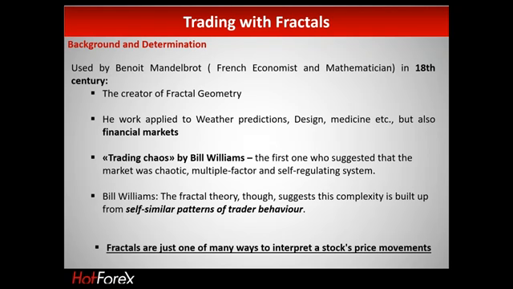So Bill Williams canceled all the linear models, and suggested that fractal theory, which suggests complexity and self-similar patterns, can be applied in financial markets, and it builds up self-similar patterns of trader behavior.